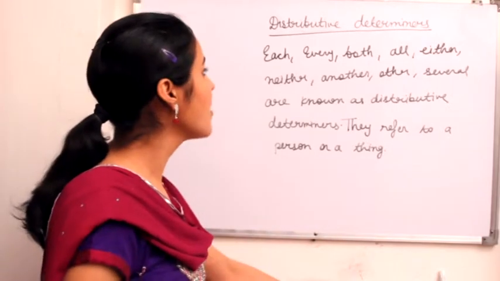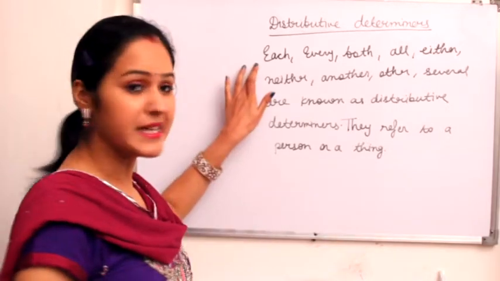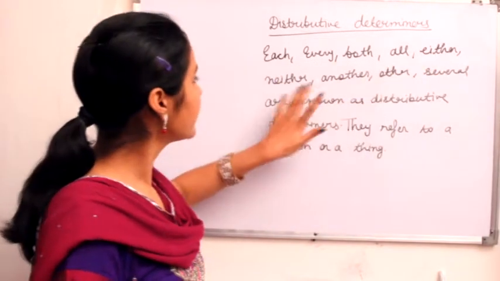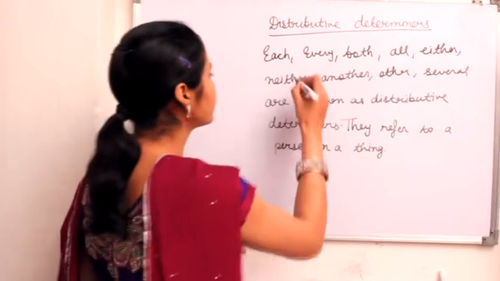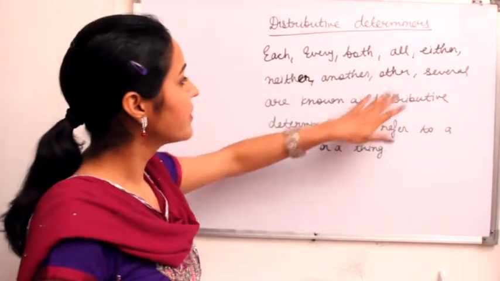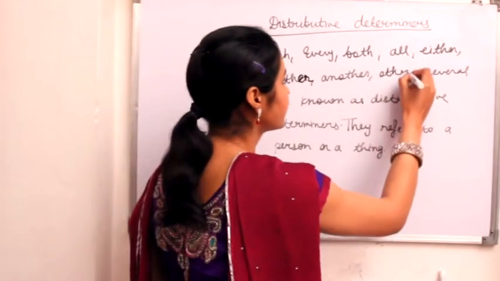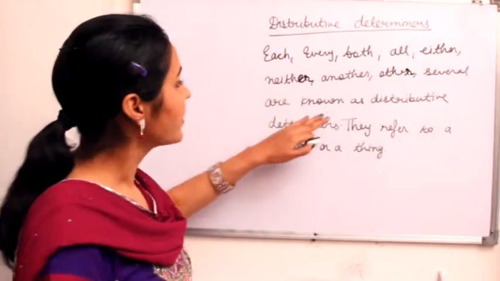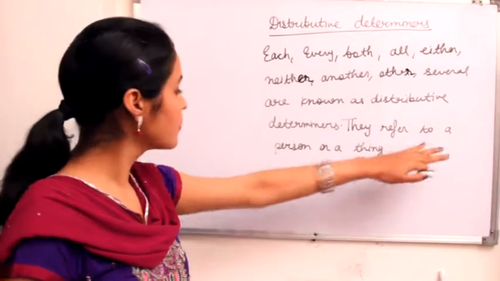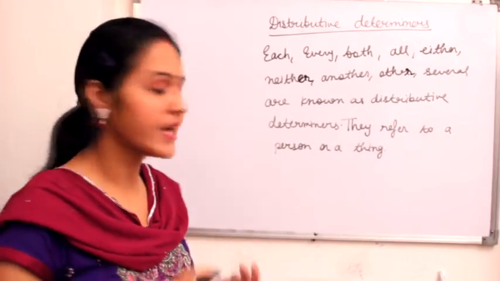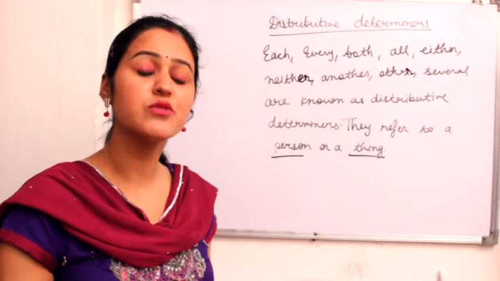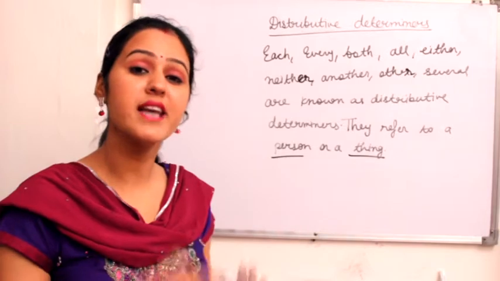So right now I told you about each, every, both, all, either, neither, another, other, several are known as distributive determiners. They refer to a person or a thing. Just remember that they refer to a person or only a thing.